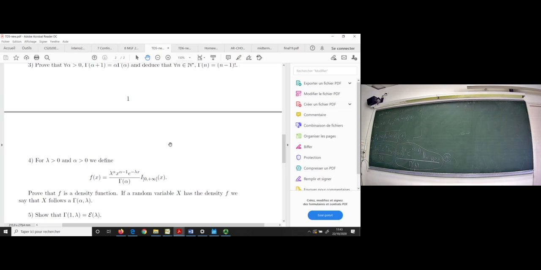Then concerning the exponential with s, I have a single exponential with only s inside, that is exponential minus s, this term here. Then I have the term in z: z to the power a minus 1, 1 minus z to the power b minus 1. I have no more exponential for sz because you have here exponential minus sz and here exponential plus sz, so you have simplification between these terms.